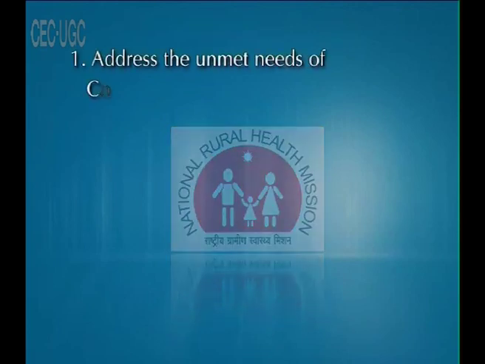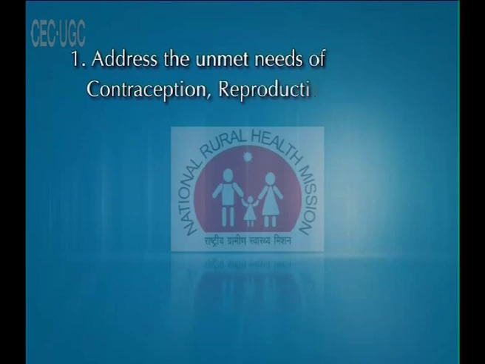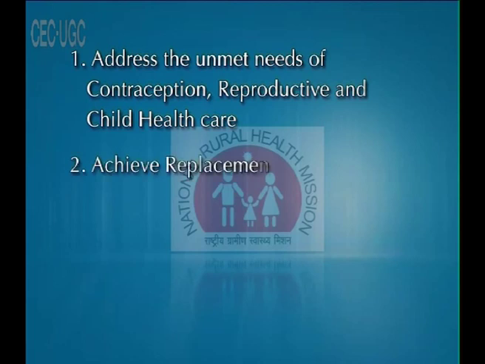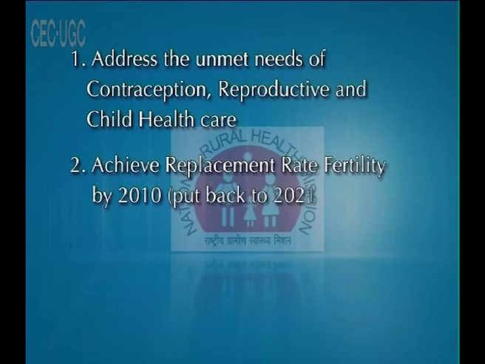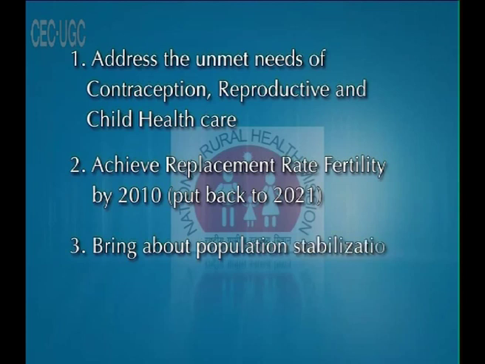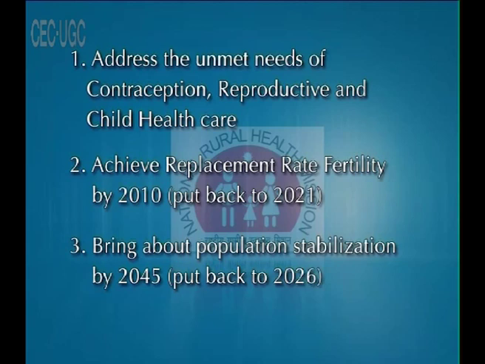Address the unmet needs of contraception, reproductive and child health care. Secondly, achieve replacement rate fertility by 2010, and it has been put back to 2021. Thirdly, bring about population stabilization by 2045, which has been put back to 2026.